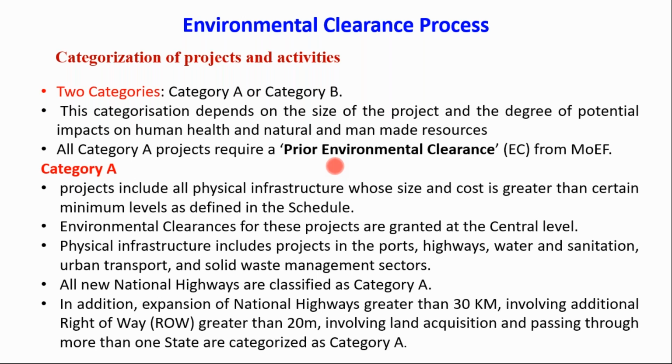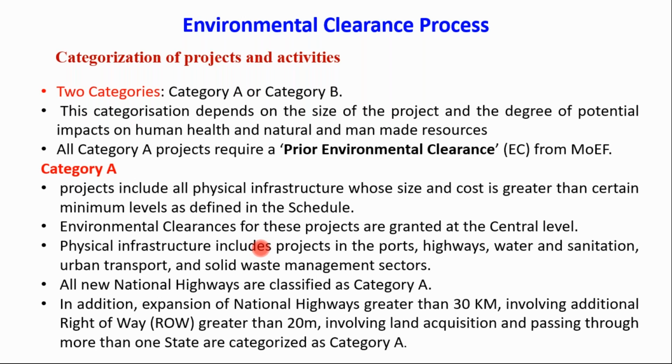So what is that category A? Projects include all physical infrastructure whose size and cost is greater than certain minimum levels as defined in the schedule. So that is depending on the size of that project and cost of that project. Then environmental clearance for these projects is granted at the central level, that is at the central government level.